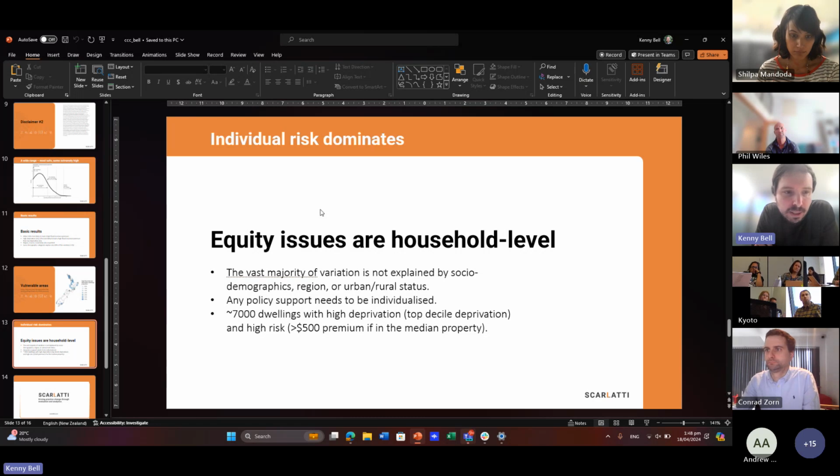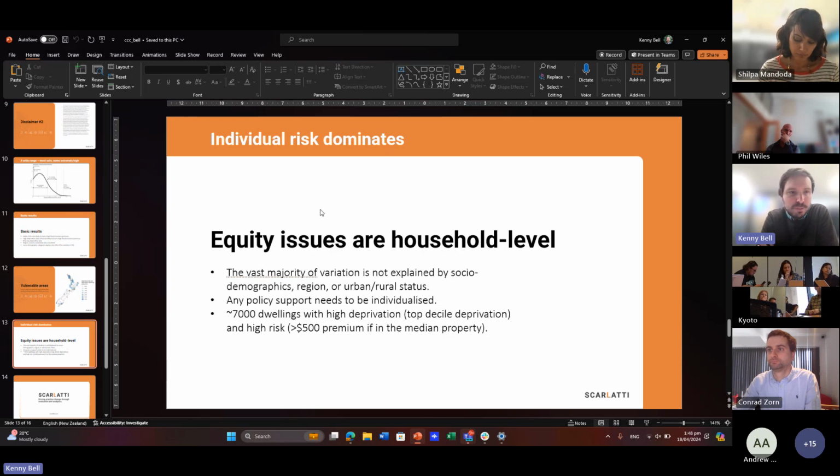So what does it mean? Flood risk is very household specific. It really does change from house to house on a street. It's really local. Accordingly, any policy support that a government were to put in would have to be at that level of individual, dwelling level detail.